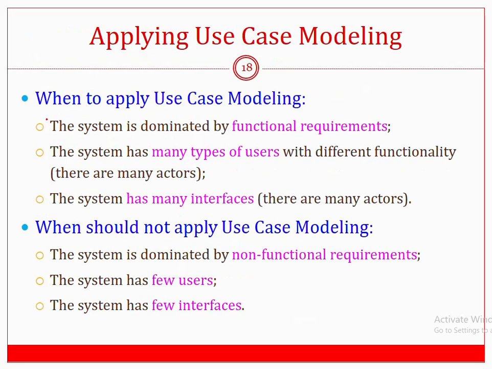Use case modeling is most suitable when software systems are driven by functional requirements, involve multiple types of use cases, or support many external interfaces. However, it is less suitable when the system is mainly concerned with non-functional requirements or has few users and limited interactions.